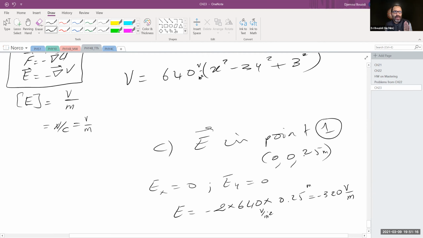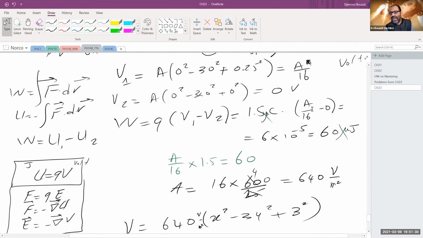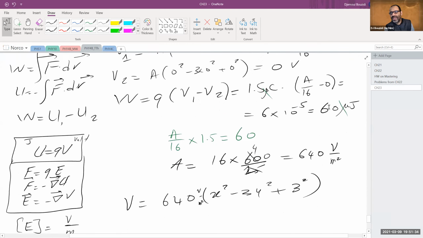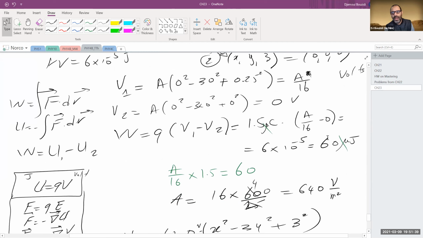Remember, the charge, positive 1.5 microcoulomb, moved from the high potential to the low potential where there is 0 potential. It moved from a point where the potential was A over 16, down to 0. If you divide 640 by 16, it moved from 40 volt down to 0.